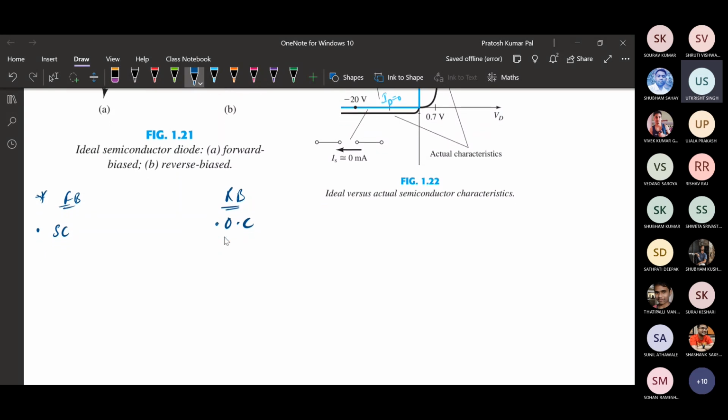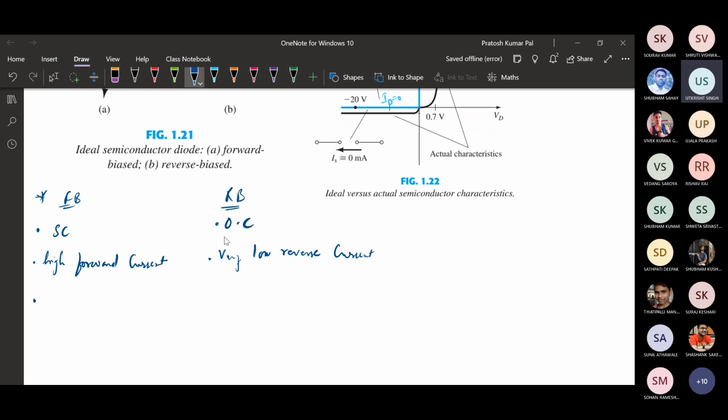So in forward bias, a high forward current will be flowing, and in case of reverse bias, very low reverse current will be flowing, and this will always be zero in the ideal case.